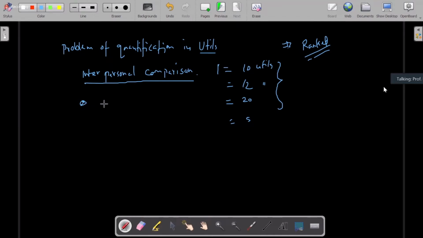Okay, so suppose we say that our utility is a function of only 2 goods, x1 and x2.